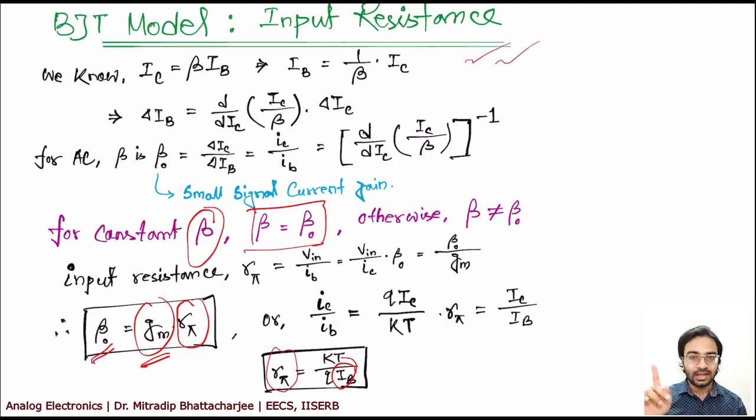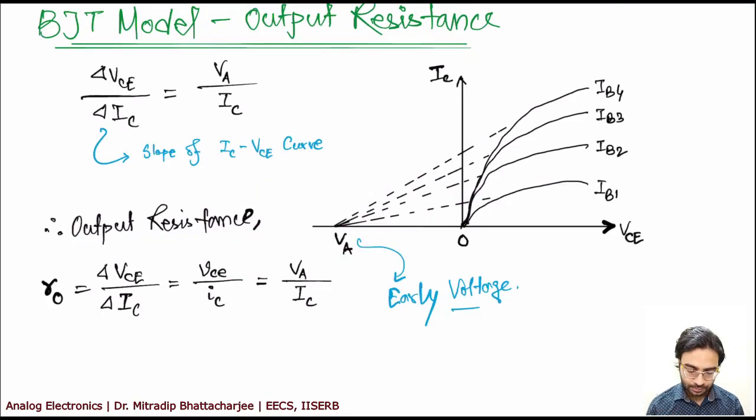Even if you increase the IC, if your IC is not constant, beta will initially rise, will be roughly constant to some point, and then again it will fall because of different reasons. Maybe because of temperature, one of them is temperature, and other factors, which you will get to know in our device class. So this beta has to be constant for DC beta and AC beta to be equal.